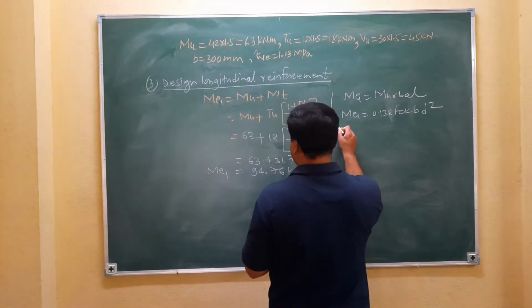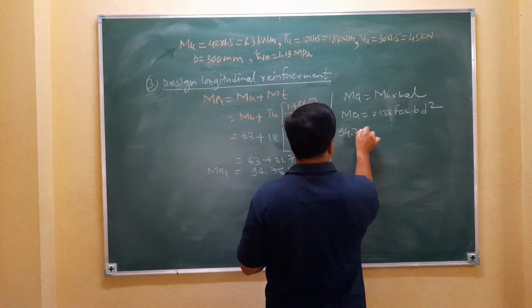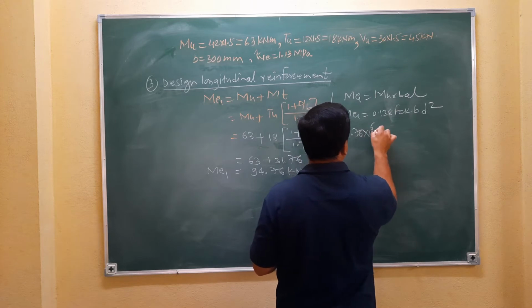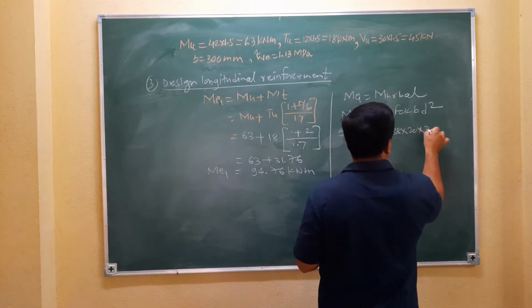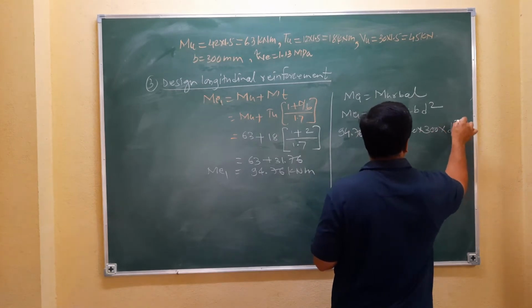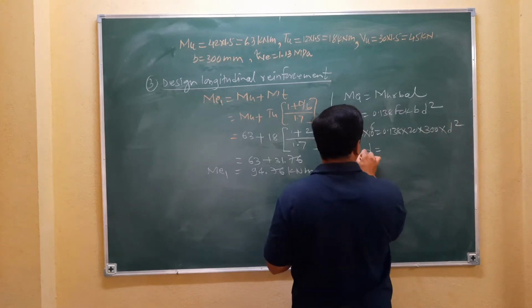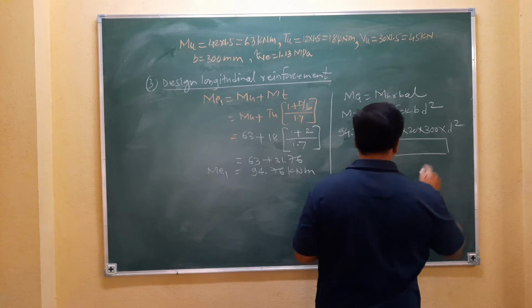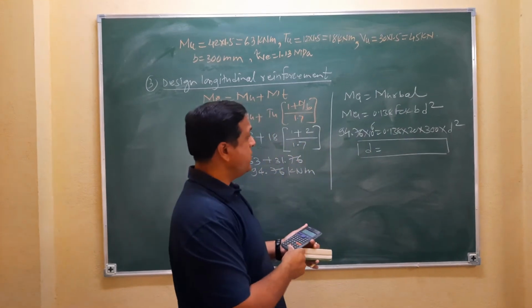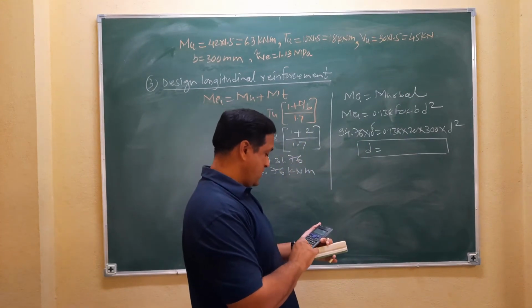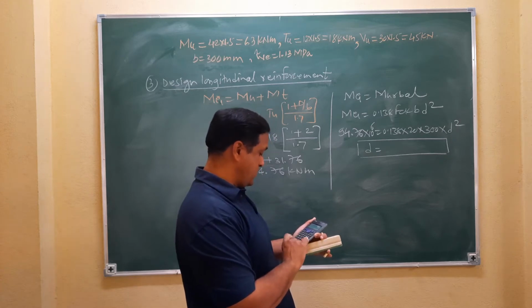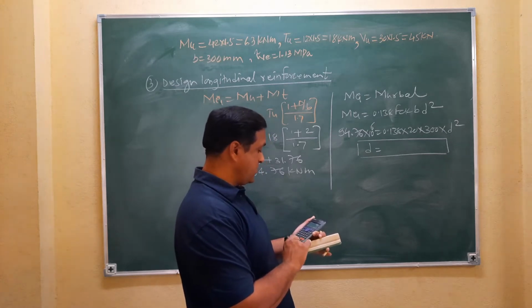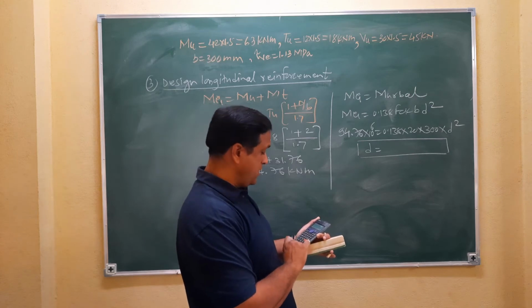Okay. So MU1 is 94.76 into 10 raised to 6. 0.138, FCK is 20. Width is 300. Have to find out the depth. So what is the depth required? 94.76 into 10 to 6 divided by 0.138 FCK is 20, width is 300.